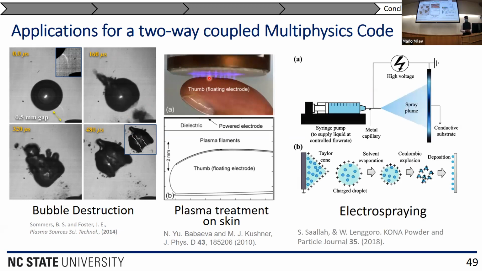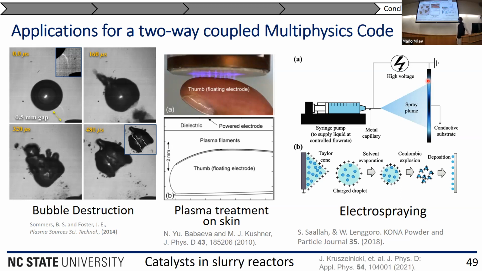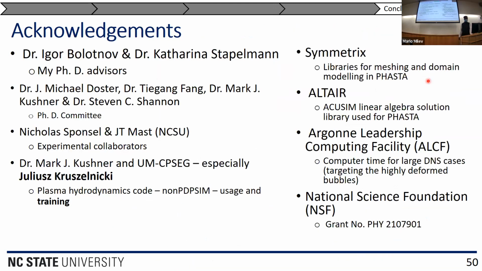Some of the more historic work with these idealized 2D solvers is electrospraying, but if you had an asymmetric substrate, you might need to look at that in 2D as well. Julius, a student of Dr. Krishner, has also looked at activating catalysts in slurry reactors using a plasma, which is a 4-phase problem. That's pretty interesting.